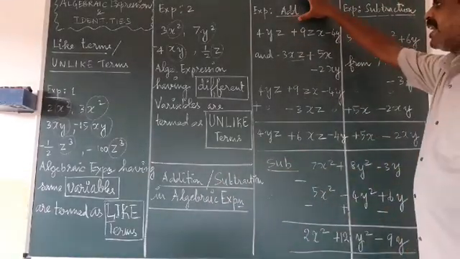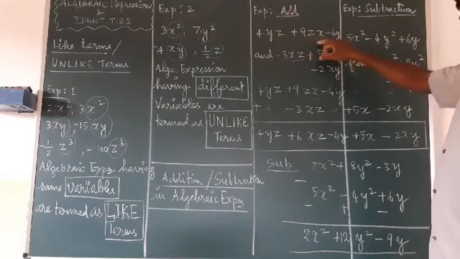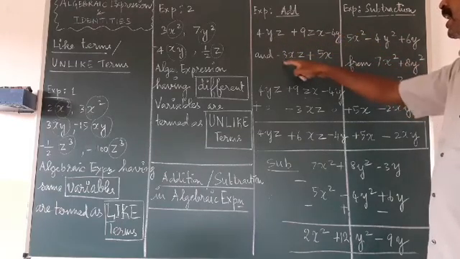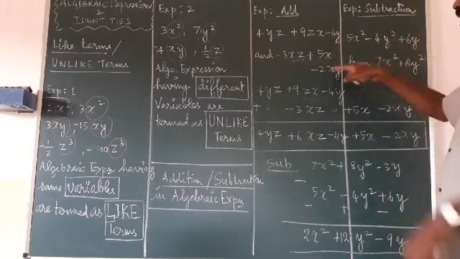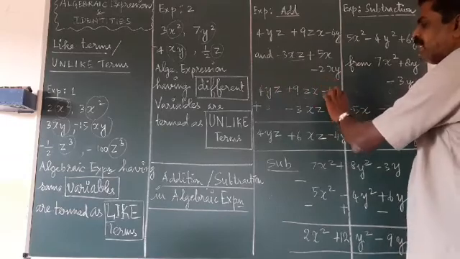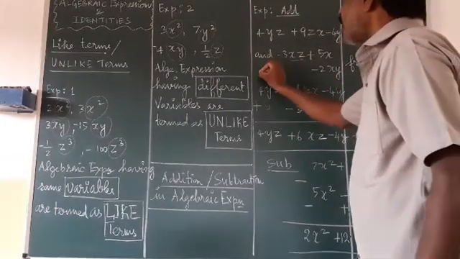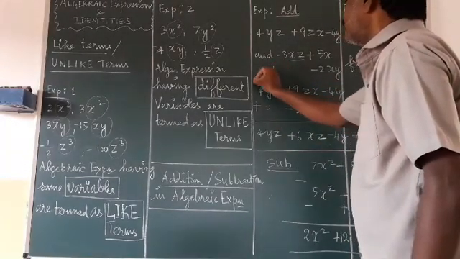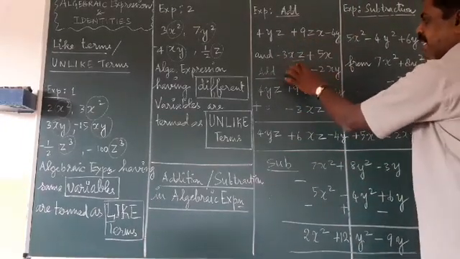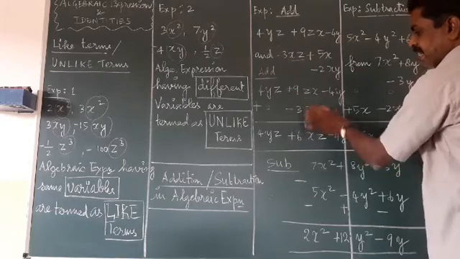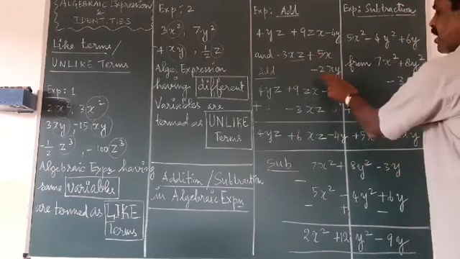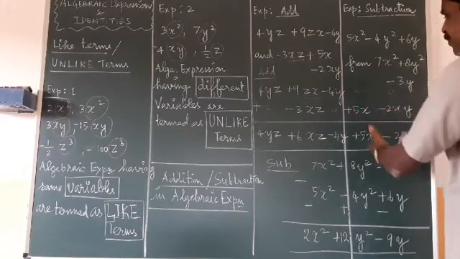One example I have taken: 4yz plus 9zx minus 4y, add with another expression: minus 3xz plus 5x minus 2xy. Then I am writing the first expression as it is. And the second expression according to the like term: minus 3xz I am writing under zx or xz. And 5x, no like term is there. Minus 2xy, no like term, I am writing separately.